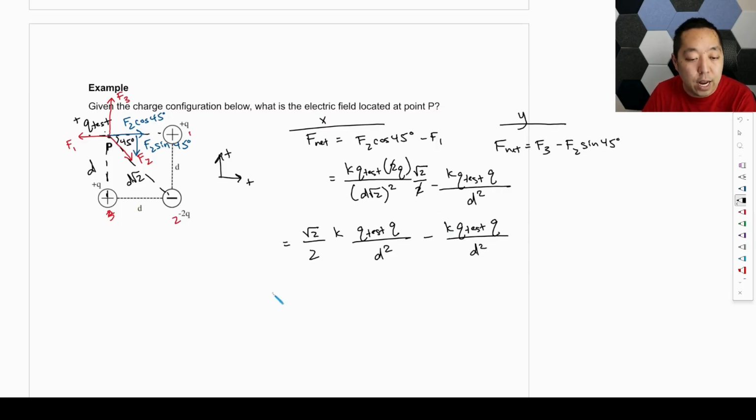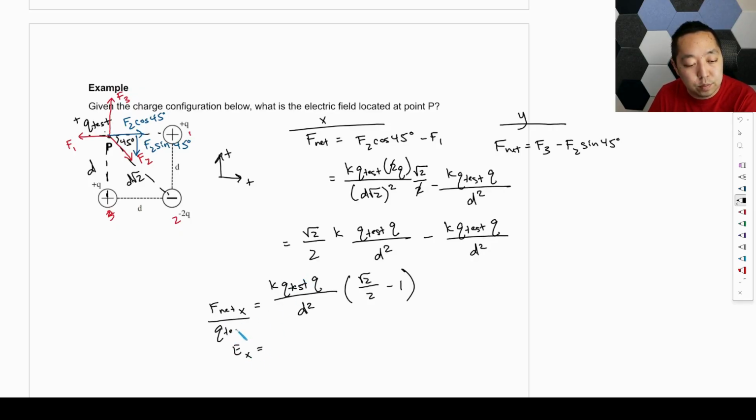You can factor out K Q test Q over D squared, and you'll get root 2 over 2 minus 1 here. That's going to be a negative number, I think, so it's technically pointing to the left. But that would be F net in the x direction. Now, the electric field in the x direction is you just divide the Q test out, because that's how we relate the electric field.